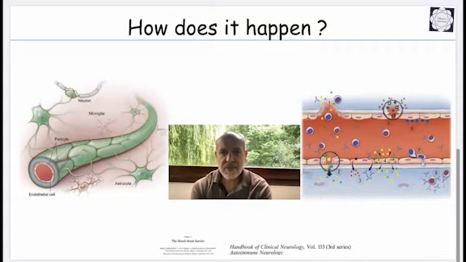For example, to start with the physical mechanism, after stroke or after brain injury, this barrier can be disrupted and be more leaky. On the other hand, there are some antibodies, flowing antibodies, that can attach to certain endothelial cell receptors, triggering some changes, some production of some chemokines and cytokines.